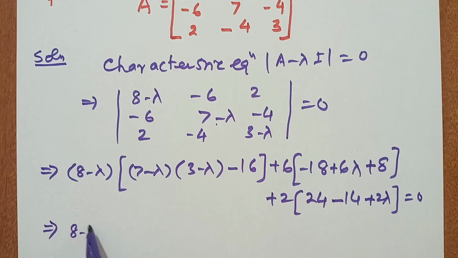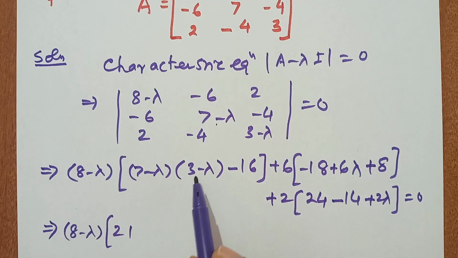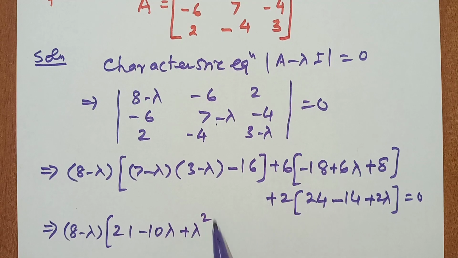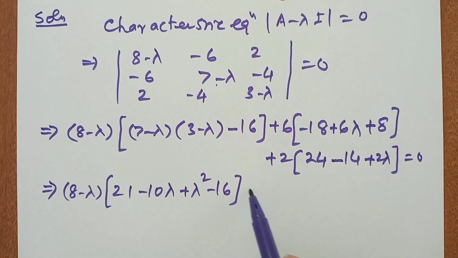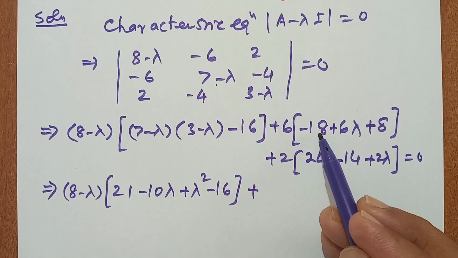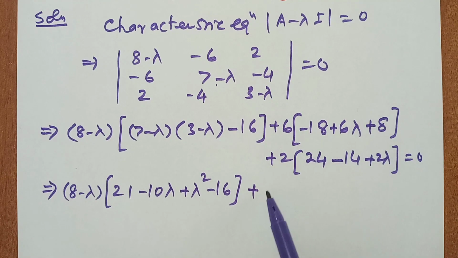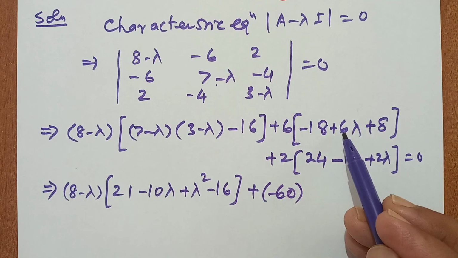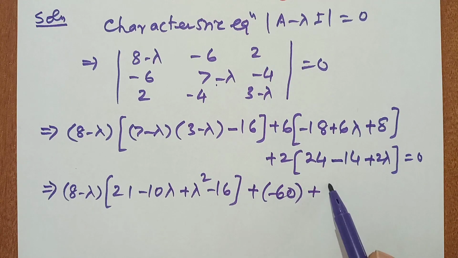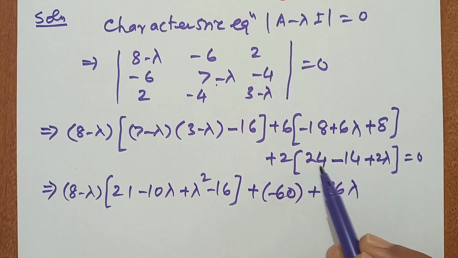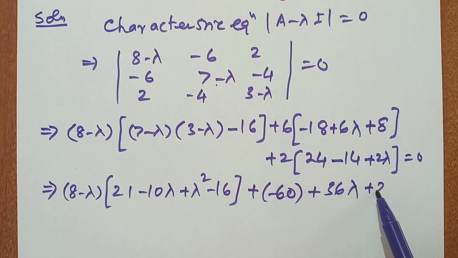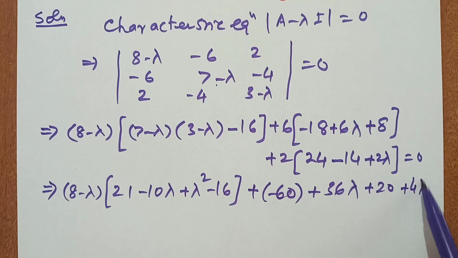So 8 minus lambda into (21 minus 7 lambda minus 3 lambda minus 10 lambda plus lambda square minus 16), plus minus 18 plus 8 minus 10, so minus 60 and plus 36 lambda, plus 20 plus 4 lambda.